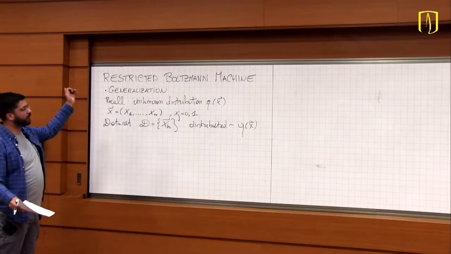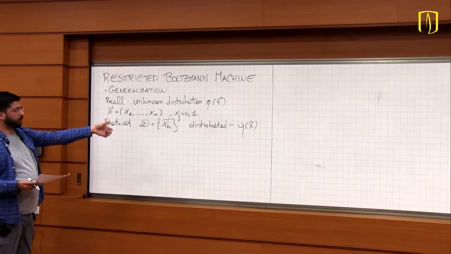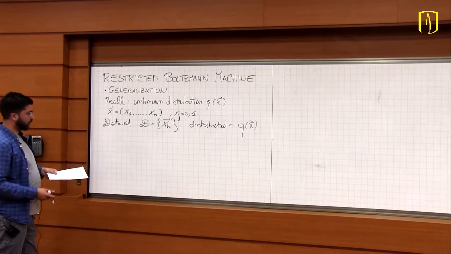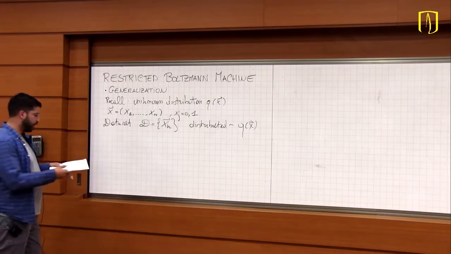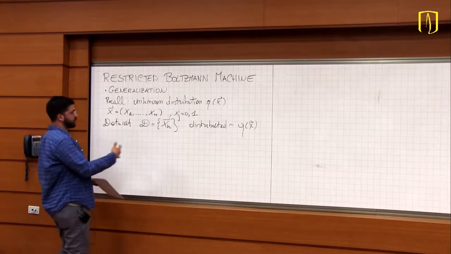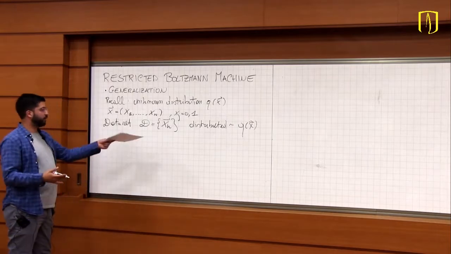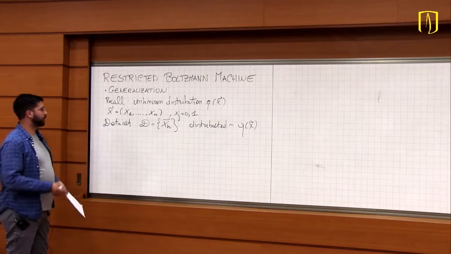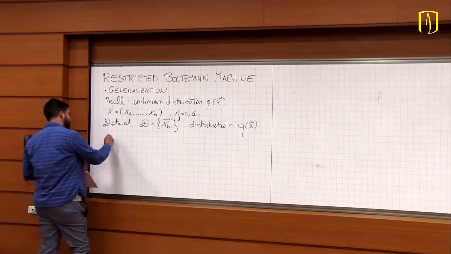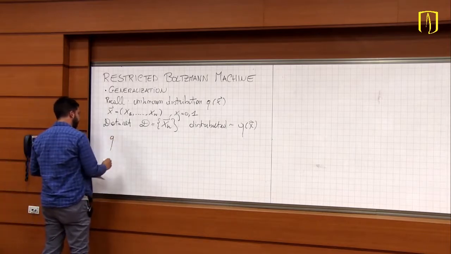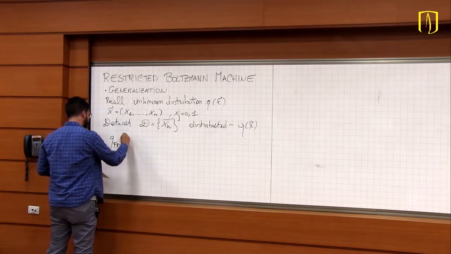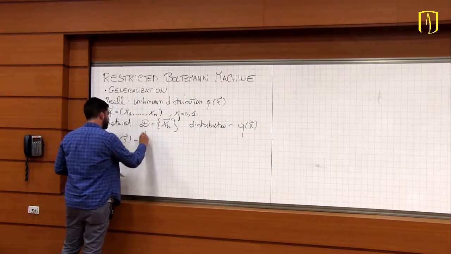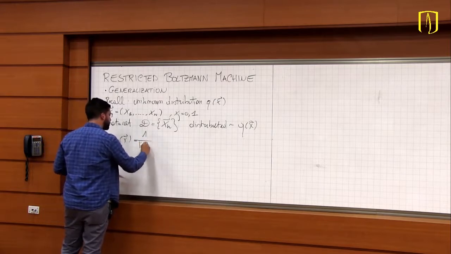Okay, so we have all this data, and we know this is distributed according to this distribution. The simplest thing that we can do is use the frequency distribution, which is essentially inverting the counts in your data set. We've seen this on Monday too. Let's call this the frequency distribution of X, and this is just 1 divided by the size of the data set.